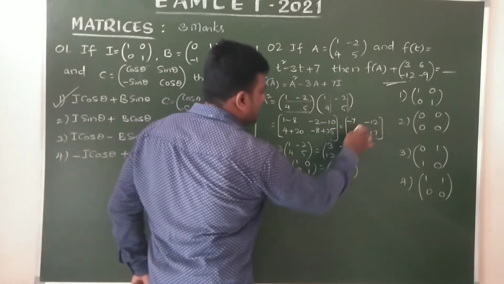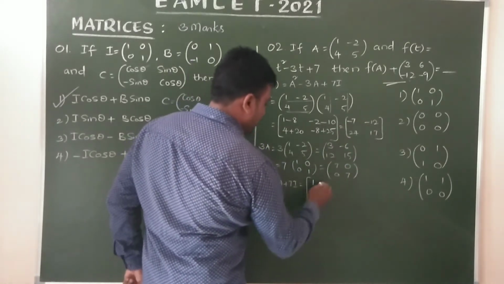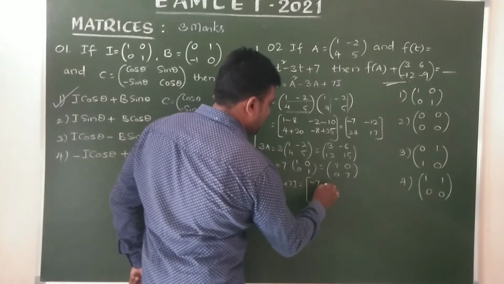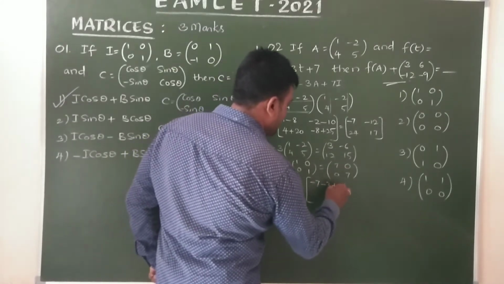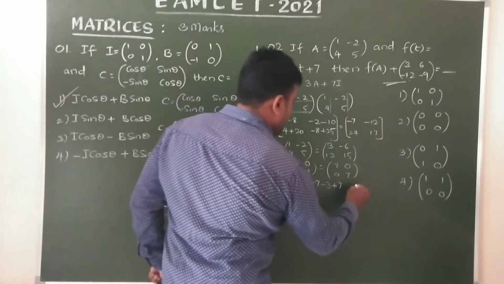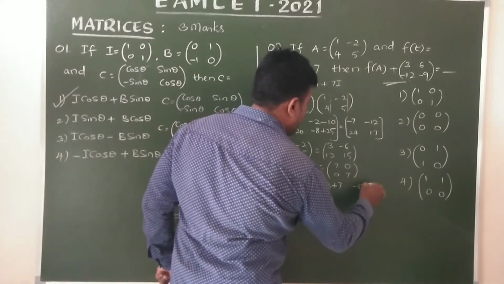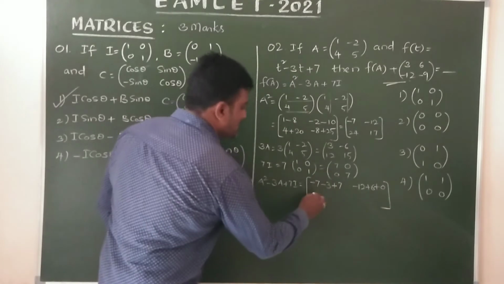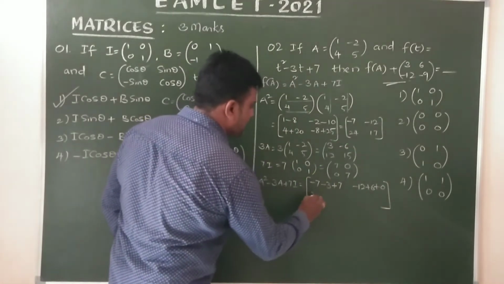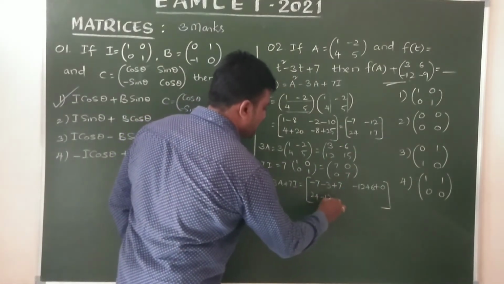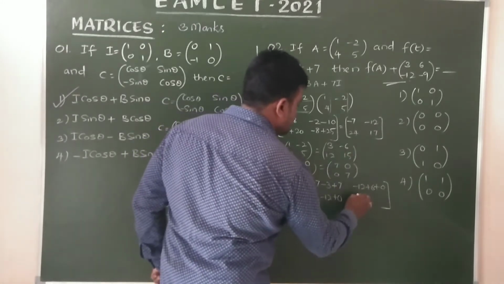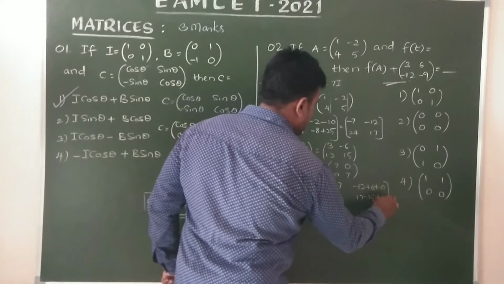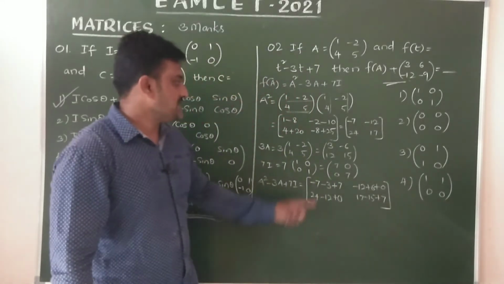Now we can add all: here minus 7, sorry, here minus 7 and here minus 3, now here plus 7, and also this one, my second one, minus 12 plus 6 and plus 0. Then 24 minus 12 plus 0, now here 17 minus 15 plus 7. Okay, I think you should understand.